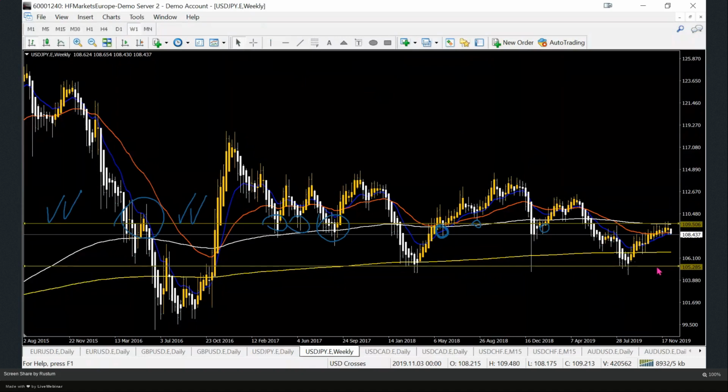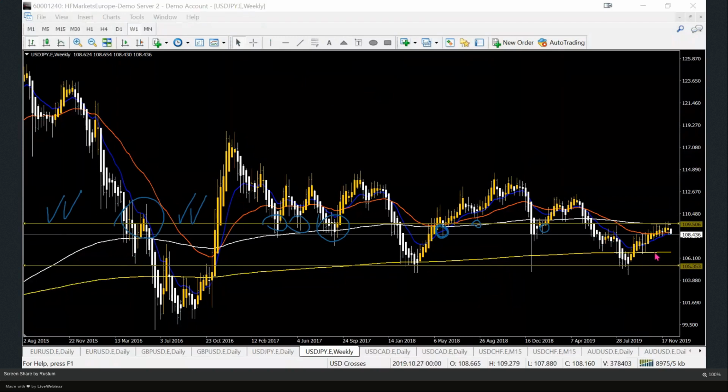And remember, with the Japanese yen, we like using the 30 number here. So it's 105.30 or 105.50 or 105.70. But in this case, we also have a moving average right there. And this is our 633 period moving average.